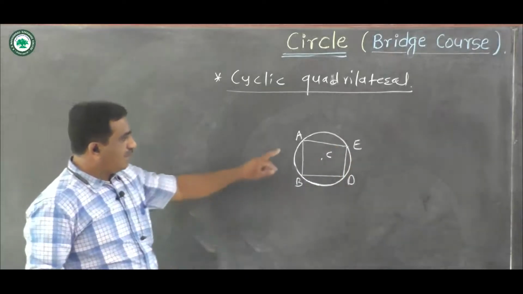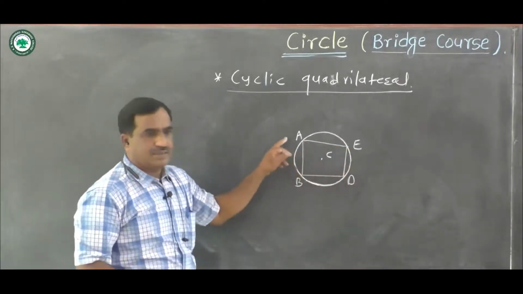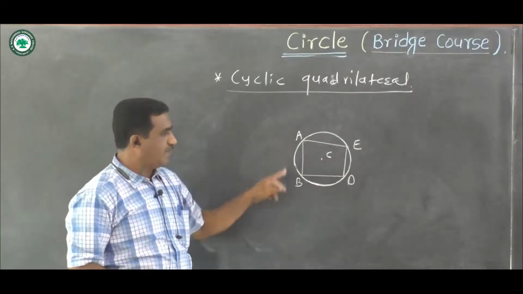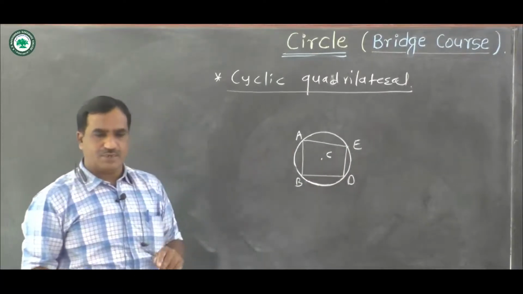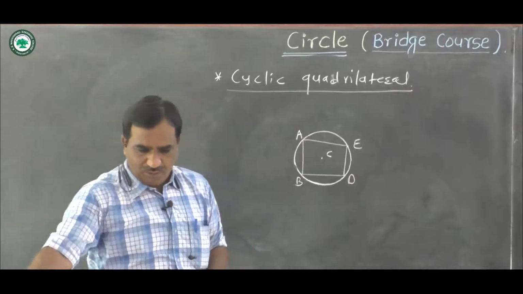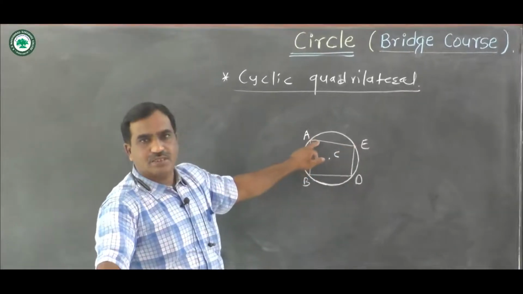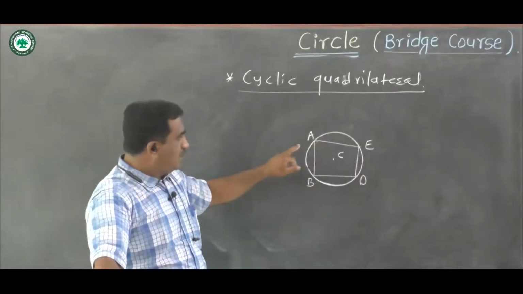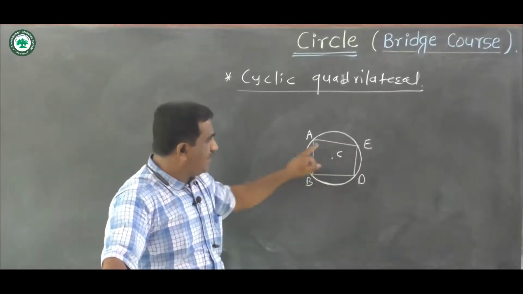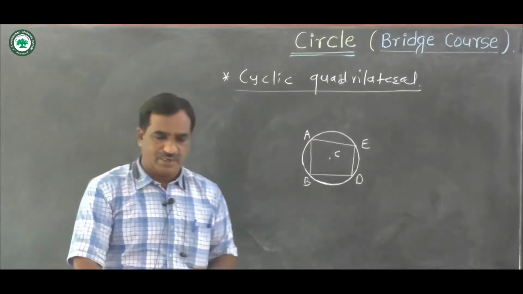This quadrilateral ABDE is a cyclic quadrilateral because all the vertices of quadrilateral ABDE lie on the circle. Therefore, this quadrilateral ABDE is called a cyclic quadrilateral.